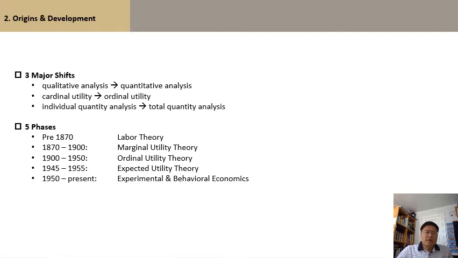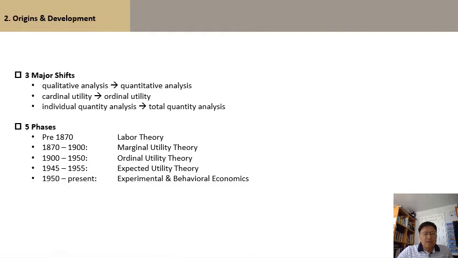If we want to understand the utility concept better, it's good to go back to history. During the history, three major shifts occurred. The first one is from qualitative analysis to quantitative analysis. The second one is from cardinal utility to ordinal utility. The third one is from individual quantity to total quantity. The whole history of utility theory can be divided into five phases.